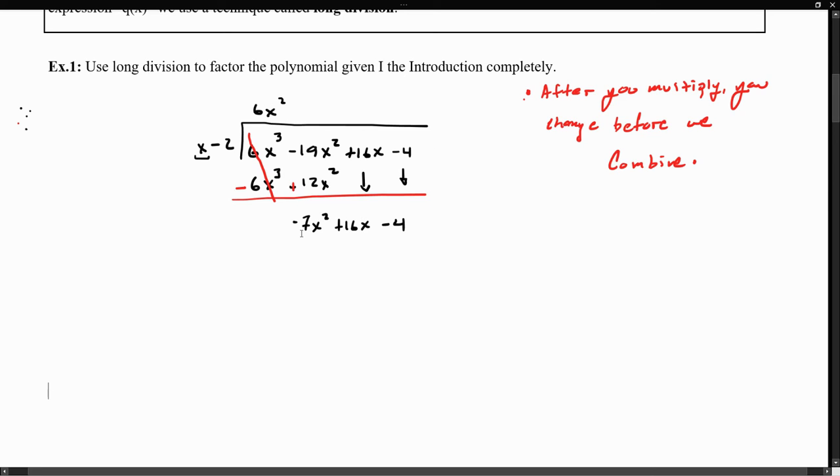And now that we have this, we repeat the process one more time. So the first expression on the outside is still x, and now the first expression on the inside is -7x squared. And now we ask ourselves this question: x, what do we need to multiply so it matches -7x squared, which in this case is going to be -7x.